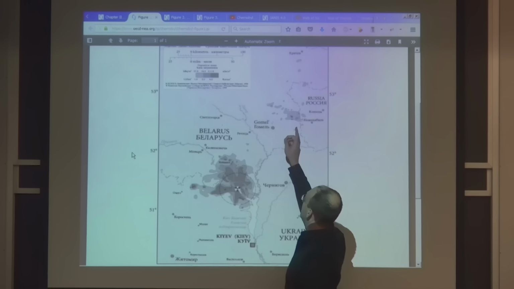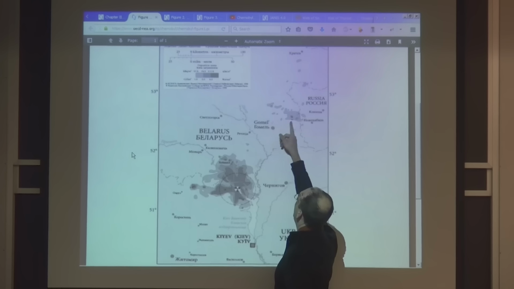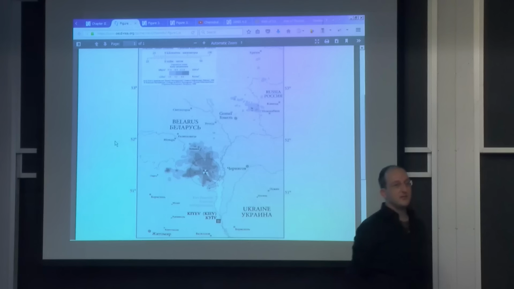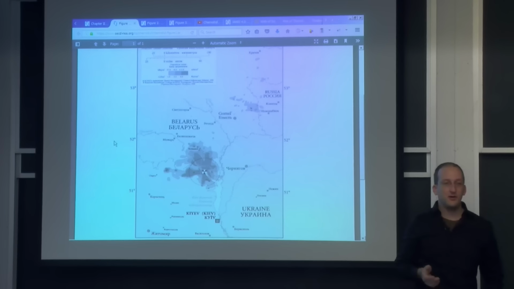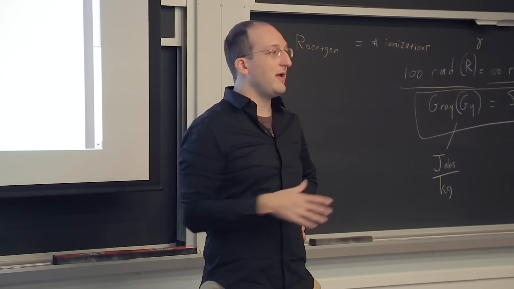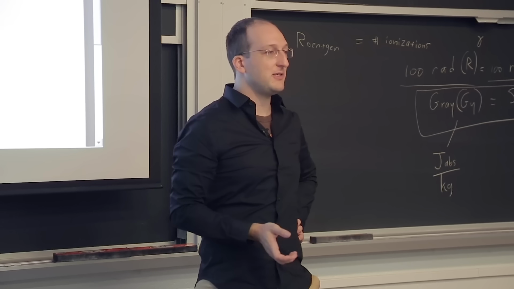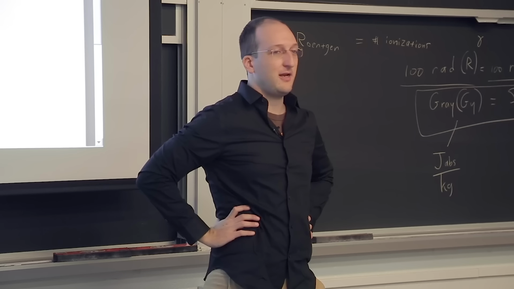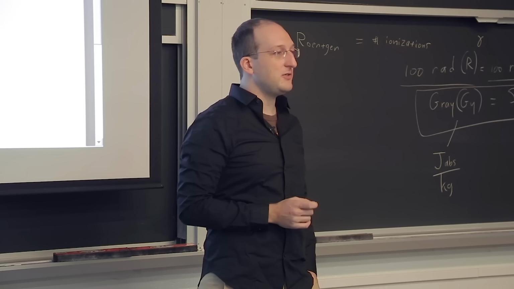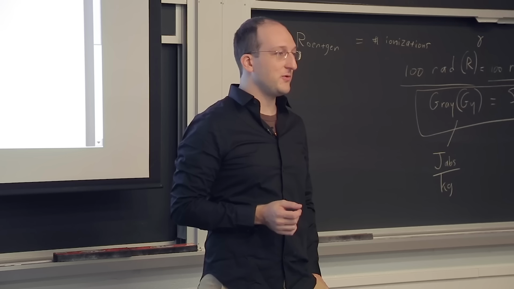And effects were felt far away in towns like Gomel, and I can't read that one because there's not enough pixels, because of the way that, let's say, the vapor cloud from the reactor was whisked away. Rainwater caused it to fall on certain places, which still to this day can have a really large contamination area. And this brings me a little bit into what should we be worried about from Fukushima?